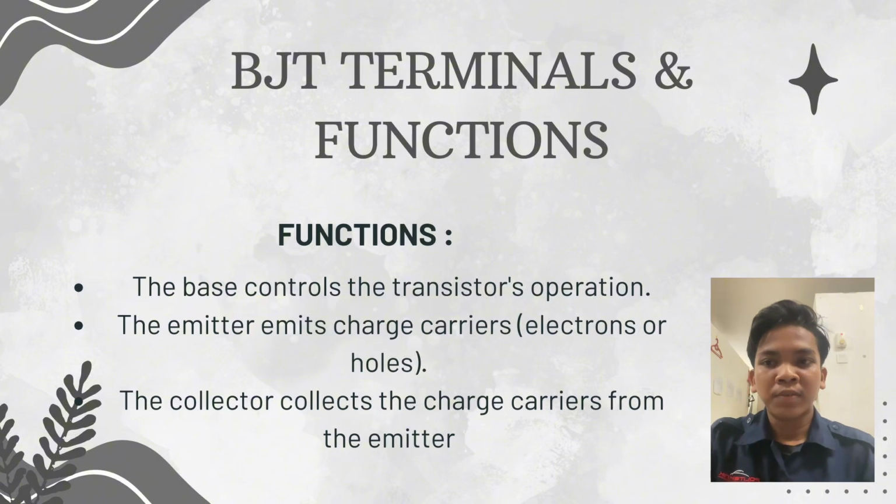The functions of these three terminals are: the base controls the transistor operation, the emitter emits charge carriers, electrons or holes, and the collector collects the charge carriers from the emitter.